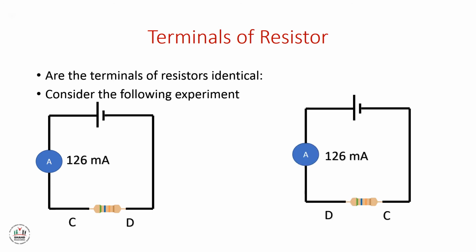Now reverse the connection of the resistor, so the D terminal goes to the positive terminal of the dry cell and the C terminal to the negative terminal. The ammeter still indicates 126 mA. This indicates that the terminals of the resistor are identical since the value of the current didn't change.